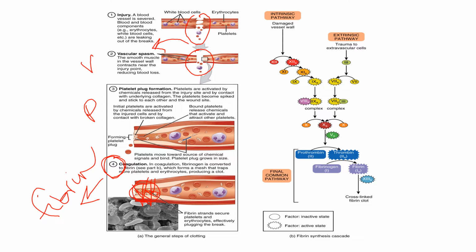Okay. Now we said you wanted to produce fibrin. Why? To form a permanent clot. How does the body produce fibrin, which is a protein? Fibrin is found in your circulation as fibrinogen, which is inactive. How can you transform inactive fibrinogen into fibrin?